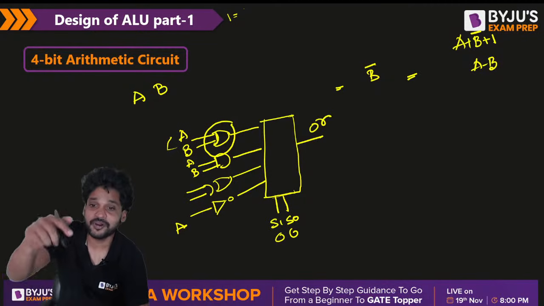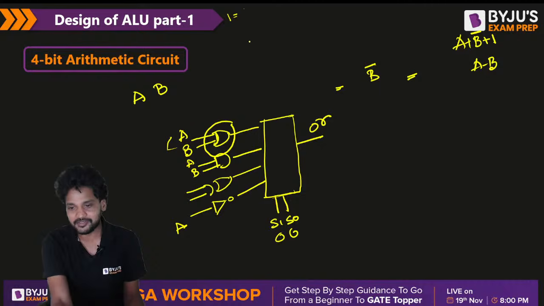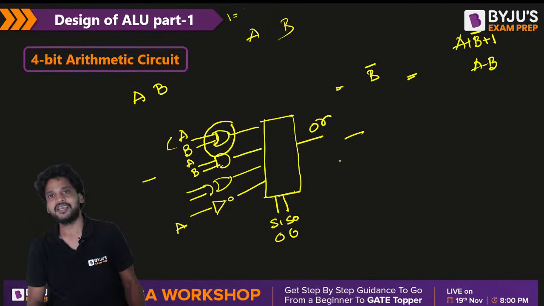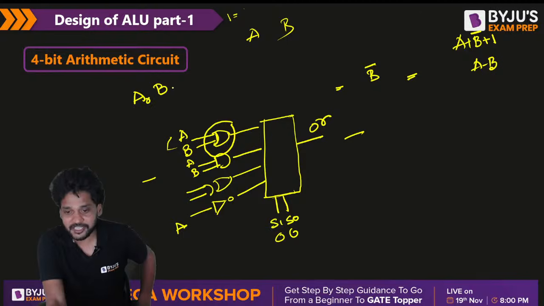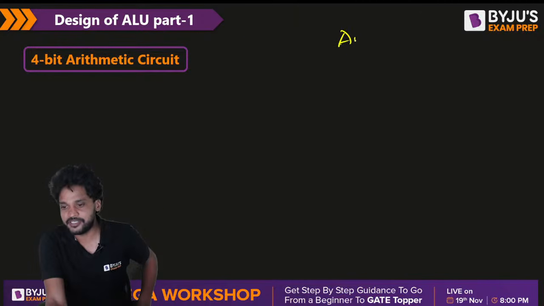Anu Ajay, did you get his point? Here, let us say A is a 4-bit value and B is a 4-bit value. Now, like this, I require 4 stages, right? Here we'll be able to show only one stage of the ALU. This is only for the first digit, A0, B0.